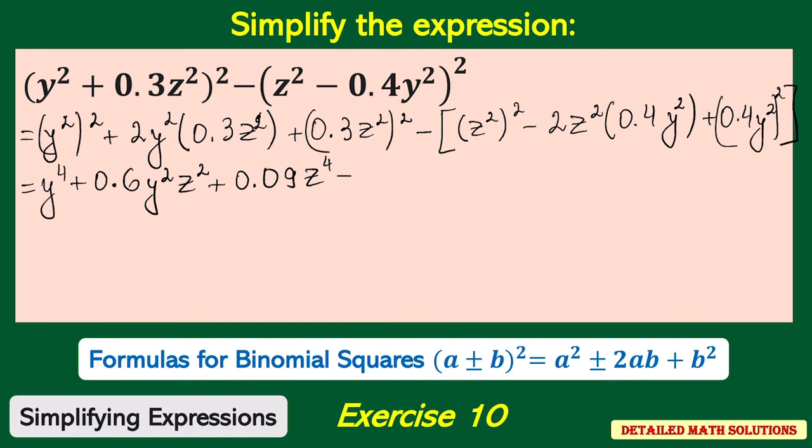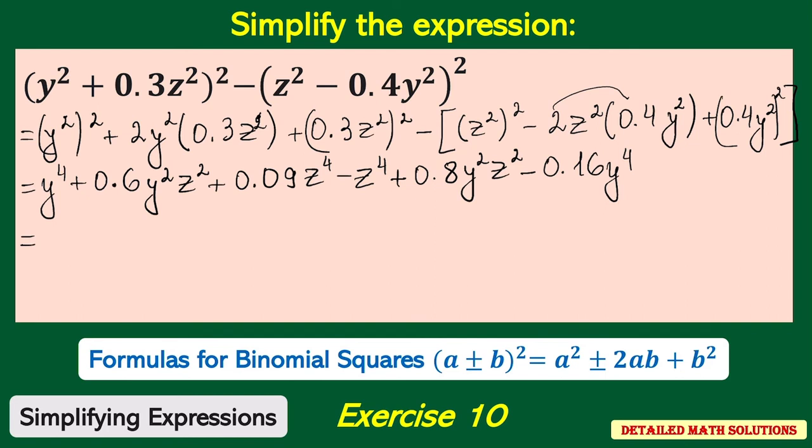This way I get −z⁴ + 2 times 0.4 is 0.8y²z² − 0.16y⁴.